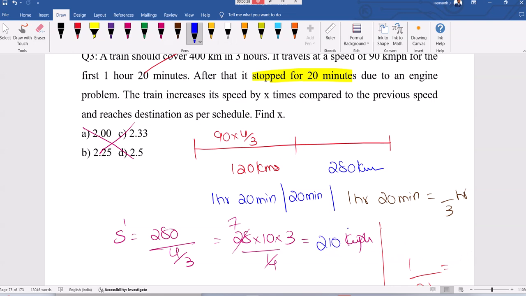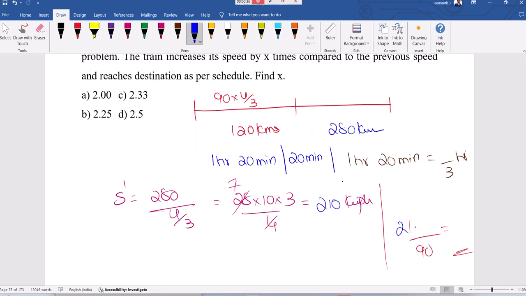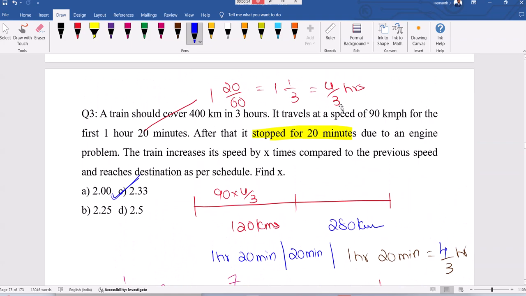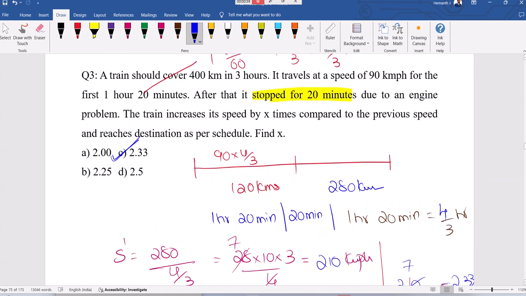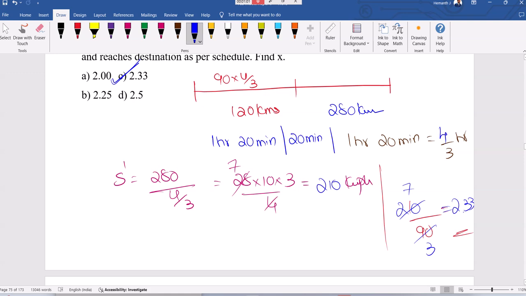Initial speed is 90, now the speed should be 210. 210 divided by 90 is 7 by 3, which is 2.33. Option B is correct, 2.33 is the correct answer. Here it should be 4 by 3; 1 hour 20 minutes is 4 by 3. We already took 4 by 3, but by mistake 5 by 3 was taken. So the correct answer is 2.33.